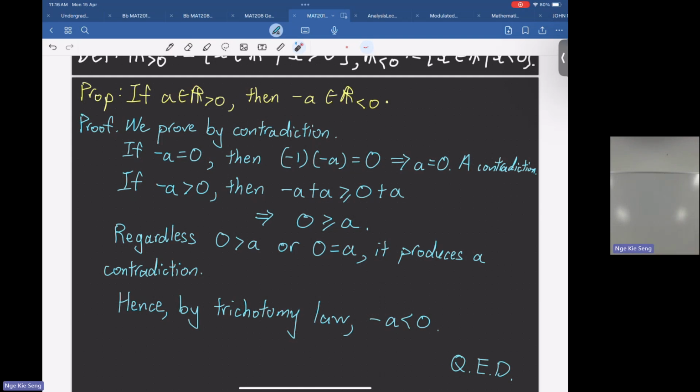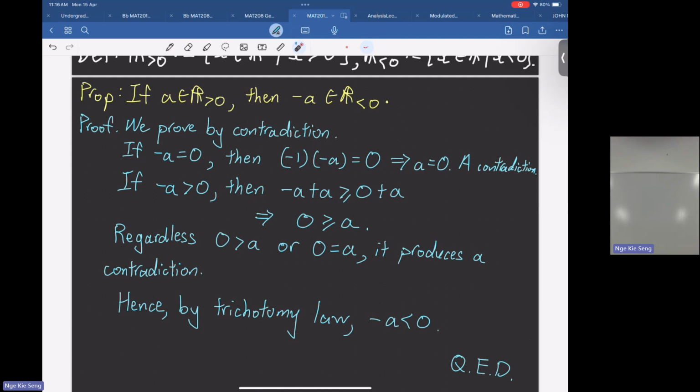First, I want to prove that if A is greater than 0, then minus A is less than 0. Is this familiar or not? A greater than 0, minus A is less than 0. Is this what you do in your calculation? So now we're going to prove it. Why, when A is greater than 0, does minus A have to be less than 0?